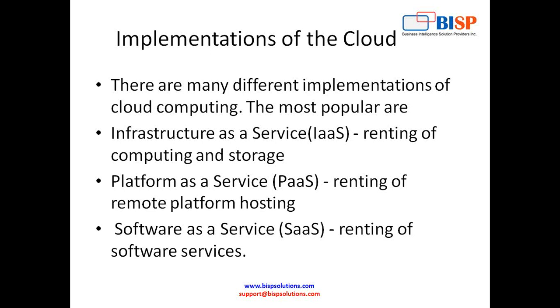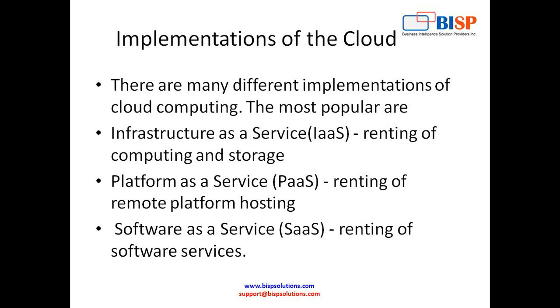The second one, platform as a service. Platform as a service is a service which hosts applications. Now, if you have created an application by yourself, you want a server to host it, and you want certain resources to maintain and run it. You don't have to buy a server for that purpose, or put up a maintenance person to maintain that particular server.